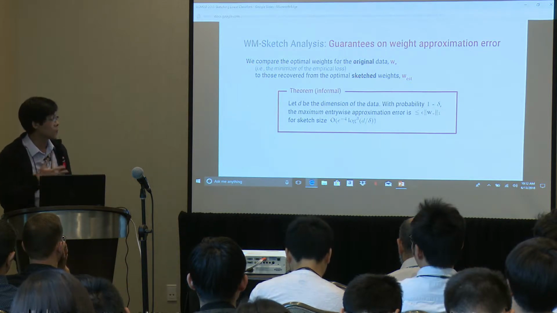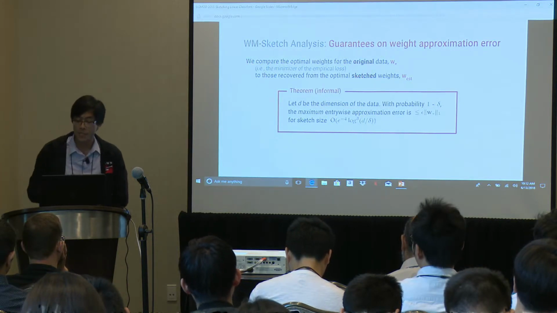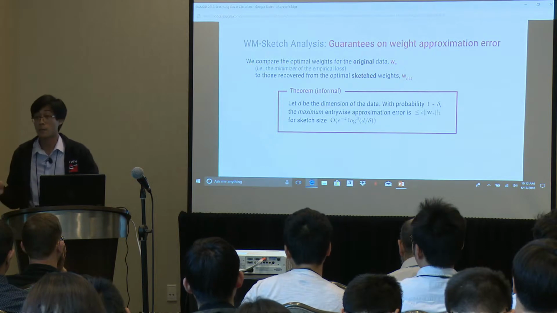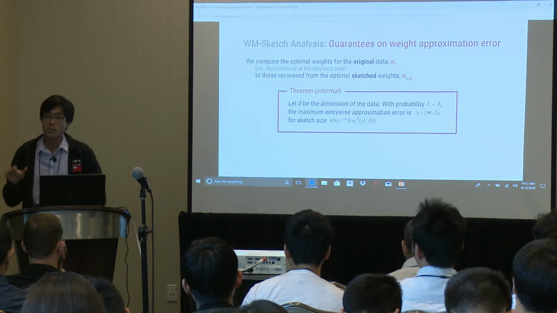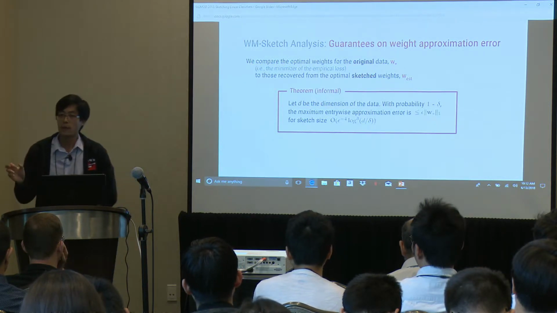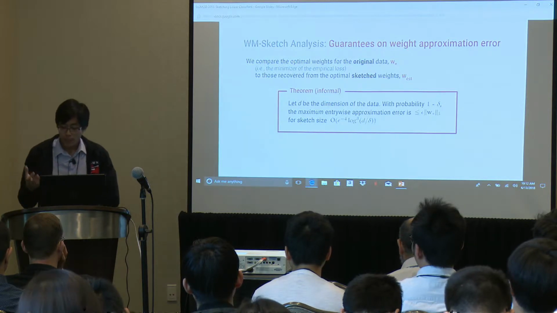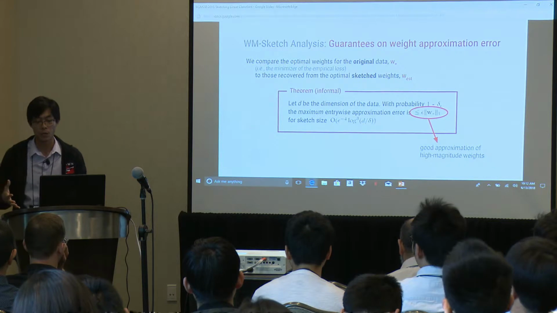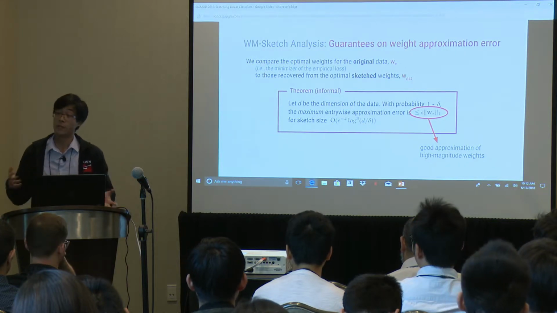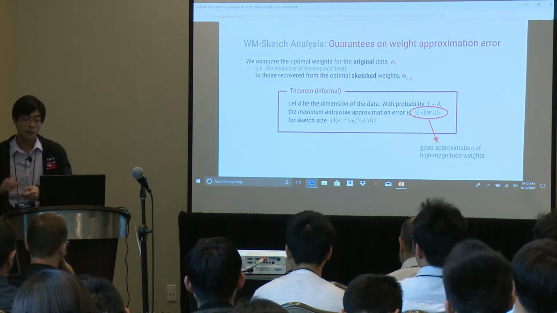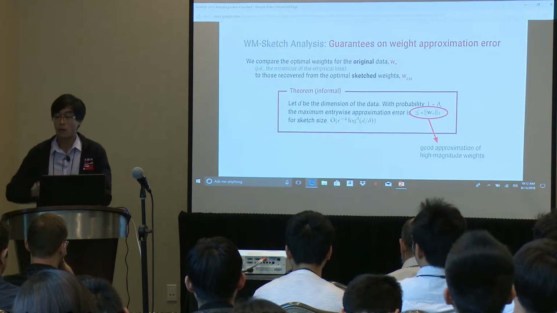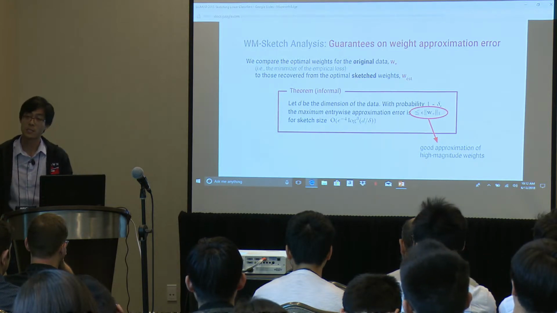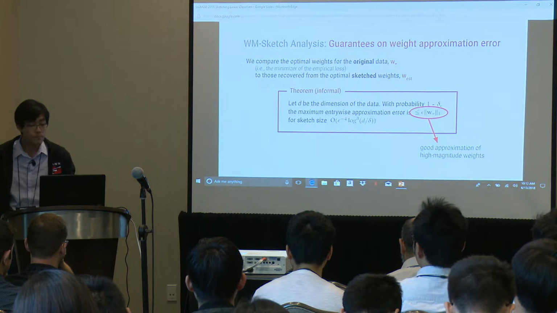And in English, what this says is the following. It says that with high probability, the maximum approximation error for any weight in the model is bounded by this quantity, which means that we can get good approximation for weights that are high in magnitude, or more precisely, weights that correspond to a large fraction of the L1 mass of the optimal classifier.